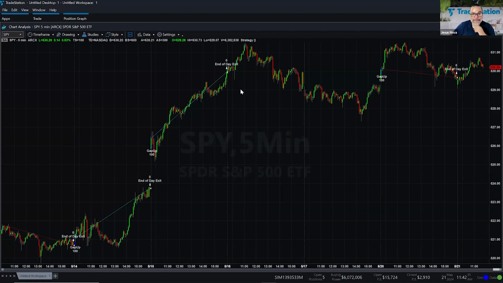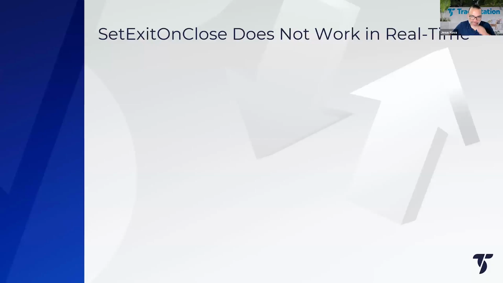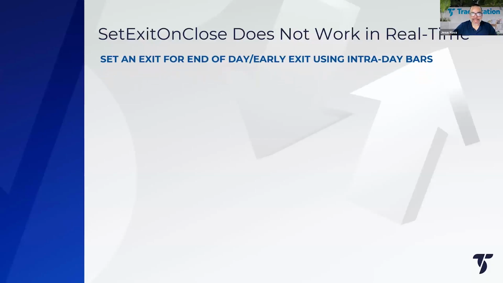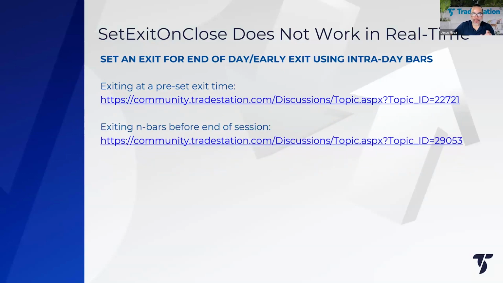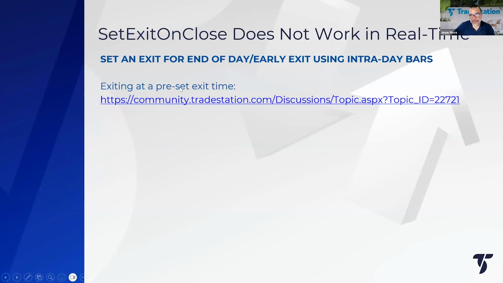All right. In the PowerPoint that I have here, I have a few links that link to the forums. I think I've provided this before. It provides you with different ways of making a strategy work when using an exit at close. For example, the first one, you have exiting at a preset time. That's something you can do on a strategy.